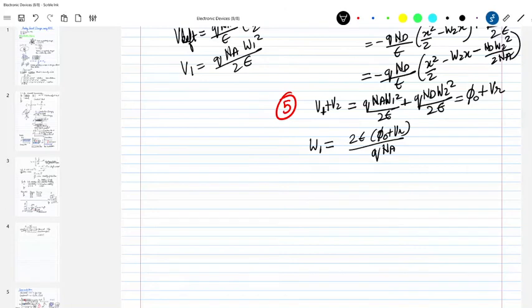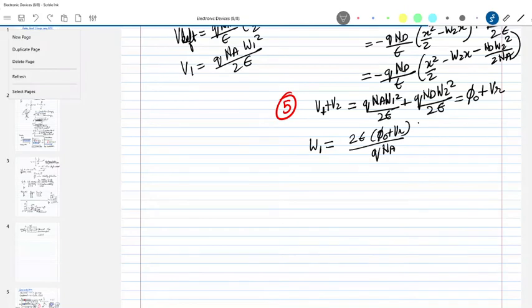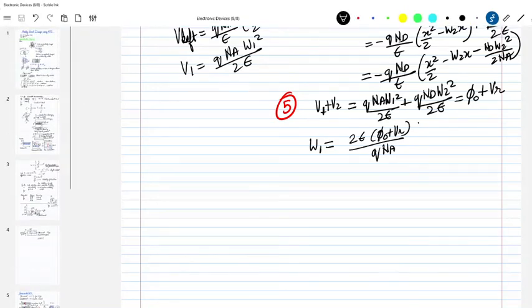Let me write this equation: twice of epsilon times phi 0 plus V_R divided by q N_A into, I'll figure out a way for this one, so bear with me.